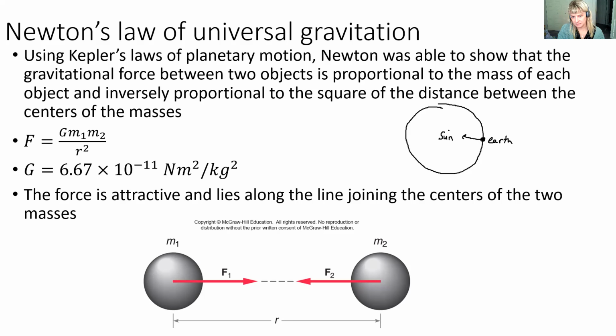We said in order for it to be going in a circular path, it must have some centripetal acceleration here. If there's a centripetal acceleration here, there has to be a centripetal force. What is the centripetal force here for planets? Well, it's the gravitational force between the planet and the Sun, or it could be between the planet and its moon, for example.